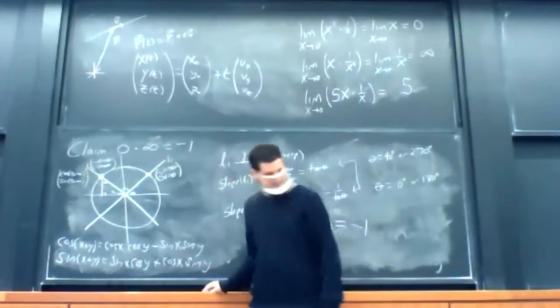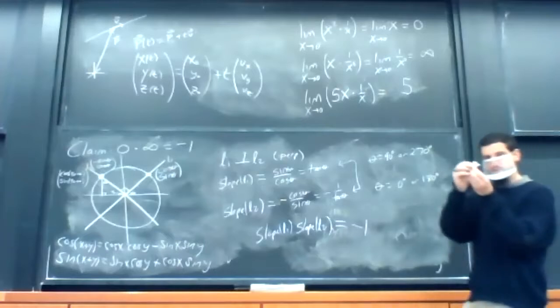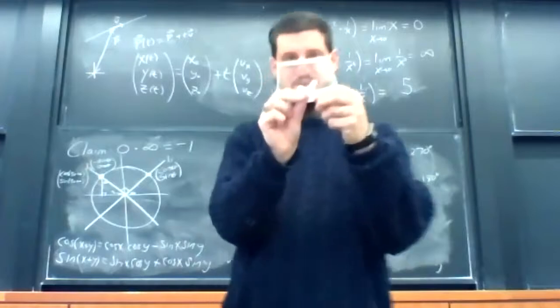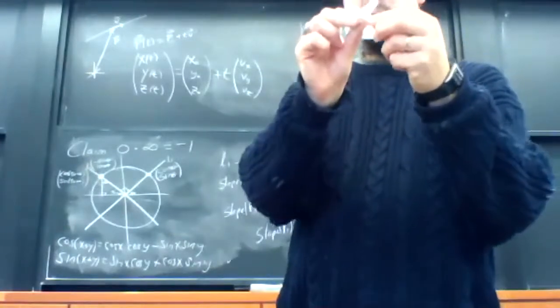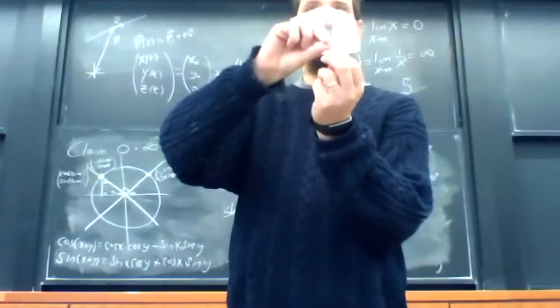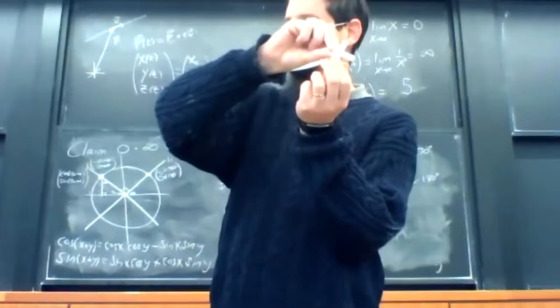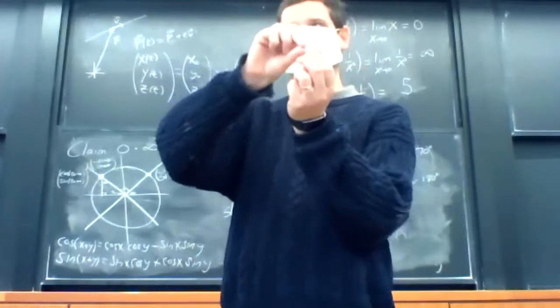So let's look at what's going on. I have 2 lines, and if they're perpendicular, the product of the slopes is negative 1. Product is negative 1, product is negative 1, and I keep going, and all of a sudden they align with the coordinate axis, and it's undefined. And then as soon as I no longer align, it's back to negative 1. So it's negative 1 everywhere, but at that one point.